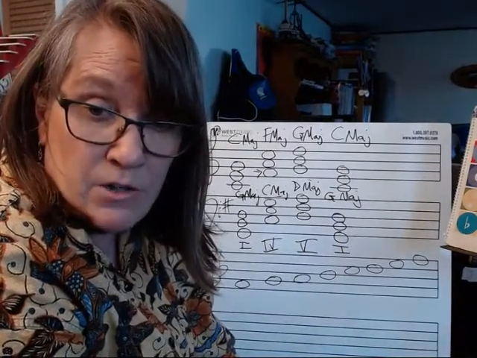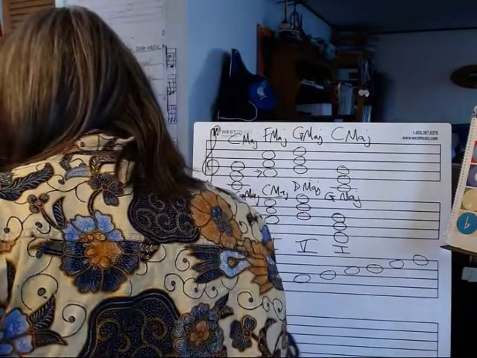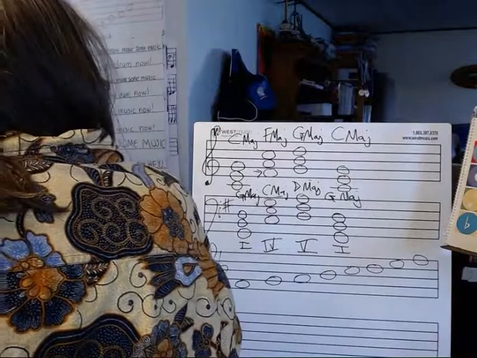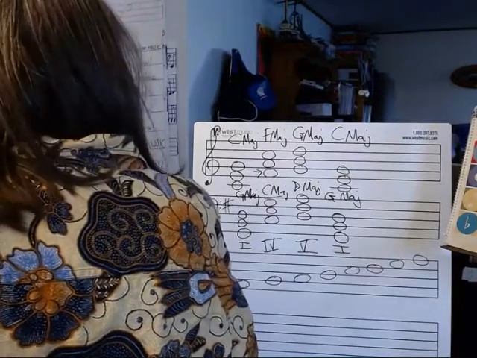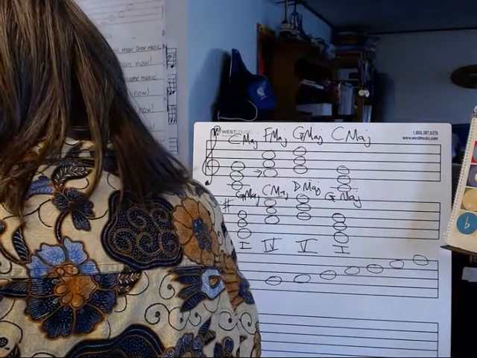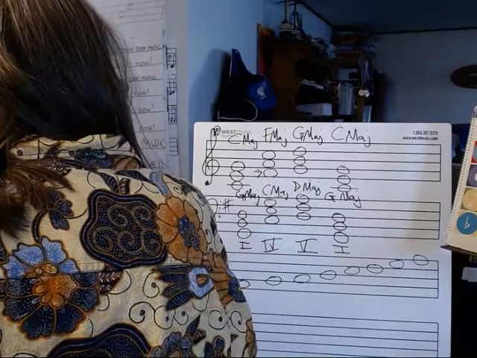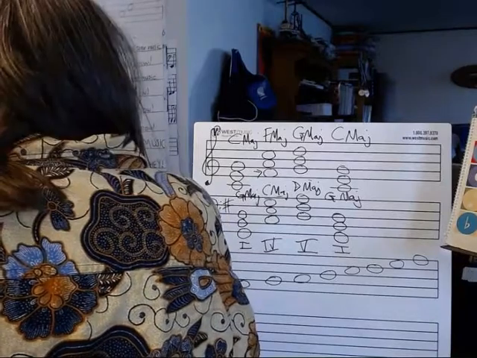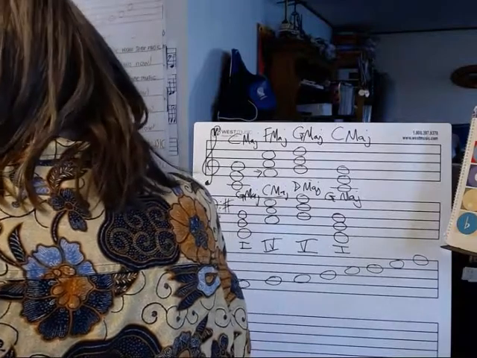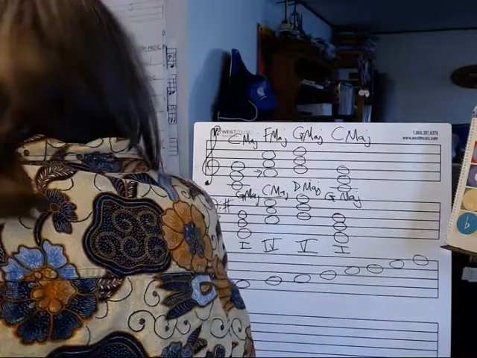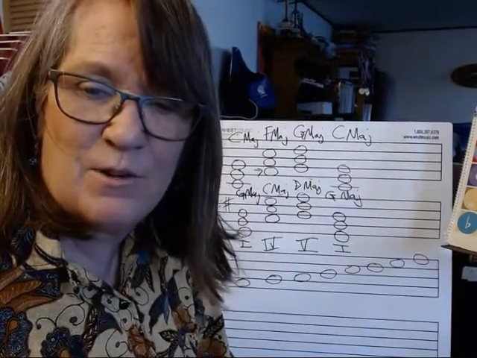Just remember, G major has 1 sharp, so I'm going to have to play it. It sounds like this. Right, there's G, there's D. Okay, primary chord progressions.